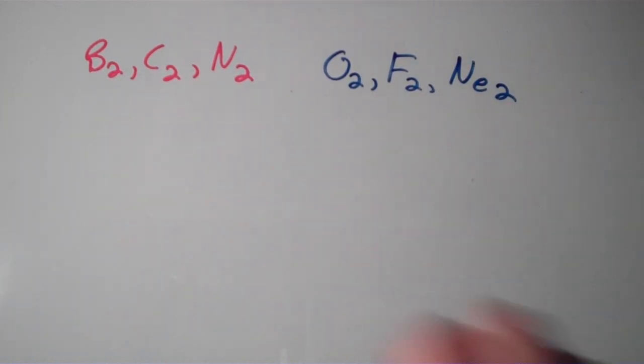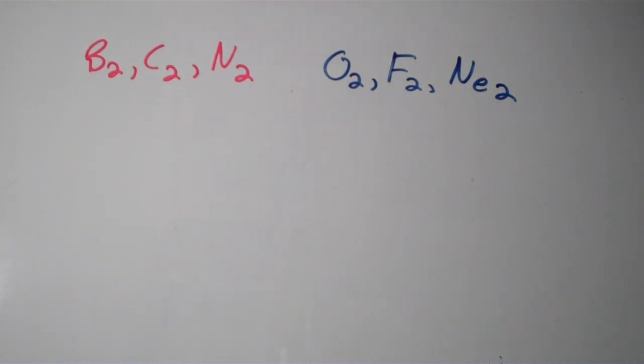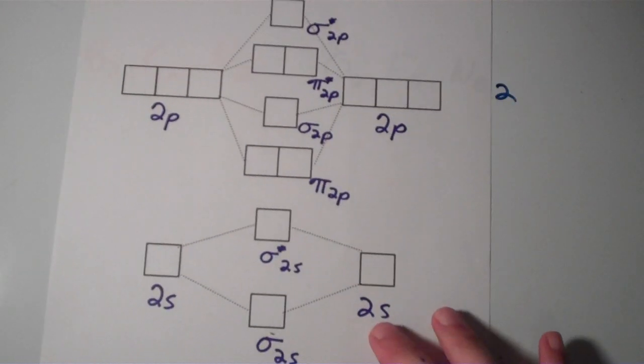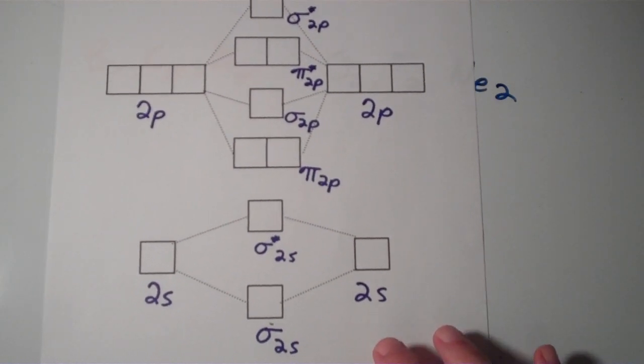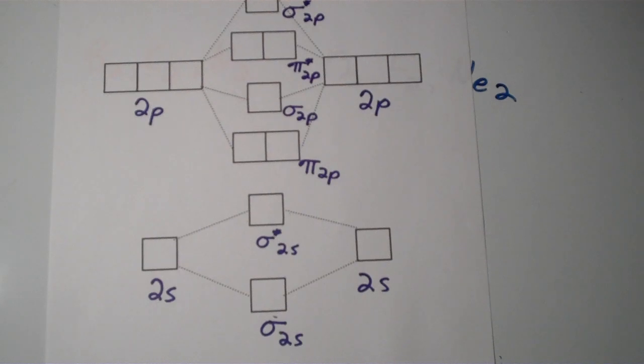So the energy ordering for these three is going to be different than the energy ordering for these three. And if it is boron, carbon, and nitrogen, then the energy ordering is going to look like this for the p orbitals. For the s orbitals, it's still going to be the same.